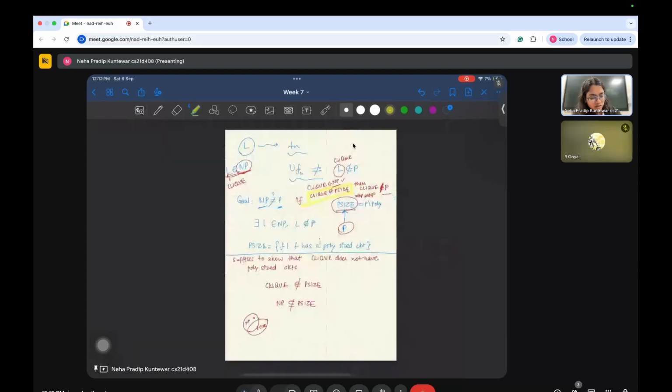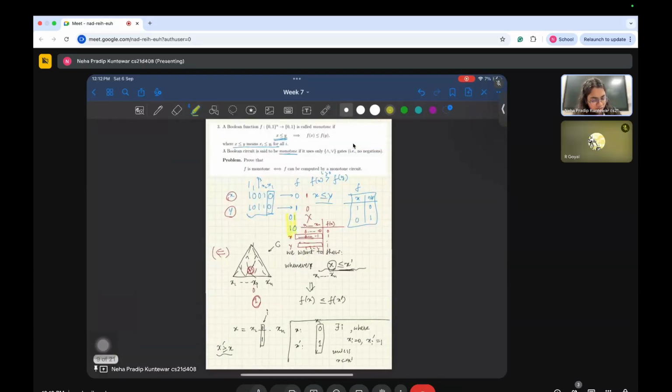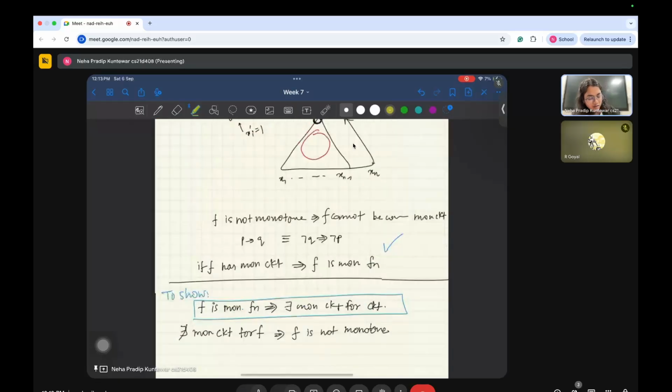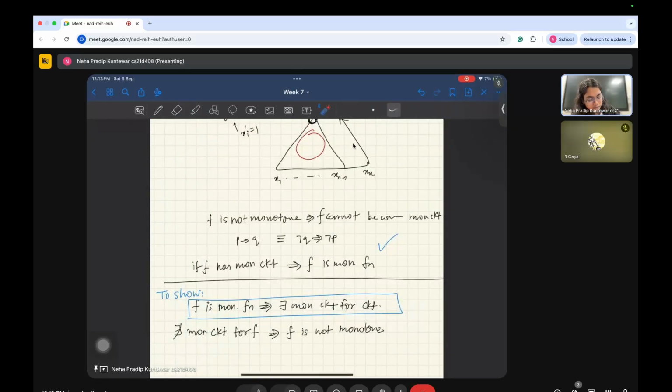We encountered a similar statement in the proof here: there is no circuit which uses only AND and OR gates that computes it. A statement like this is very hard, because your argument is going across all possible circuits that are there.